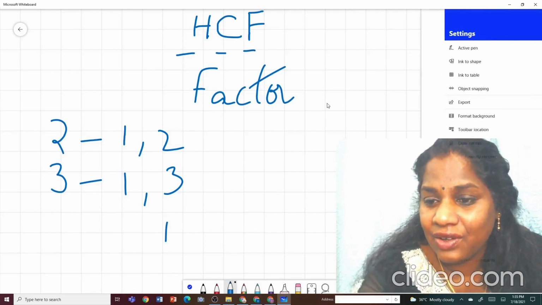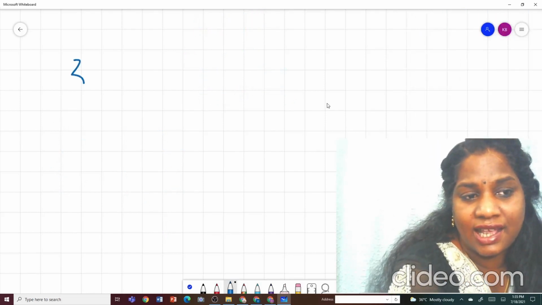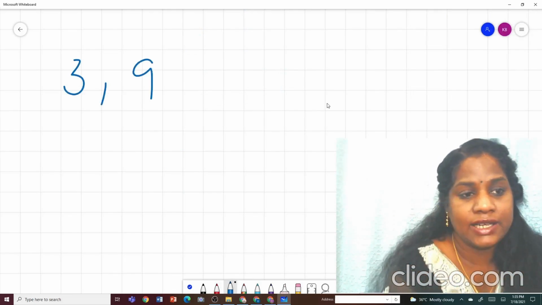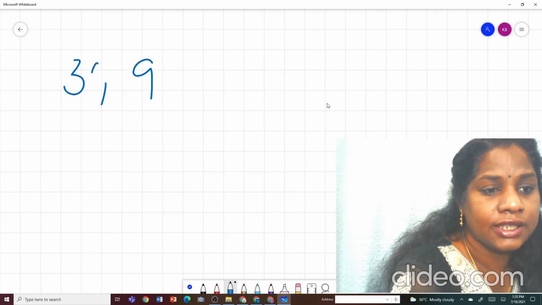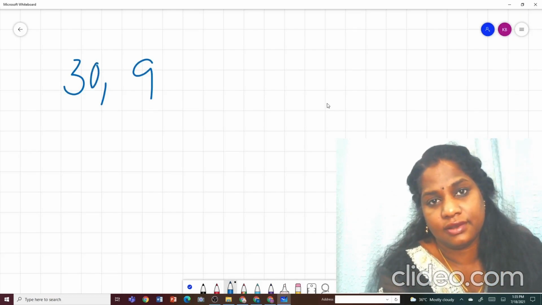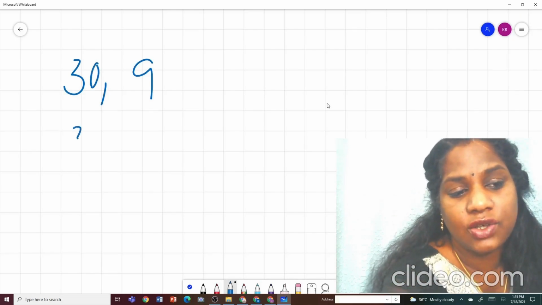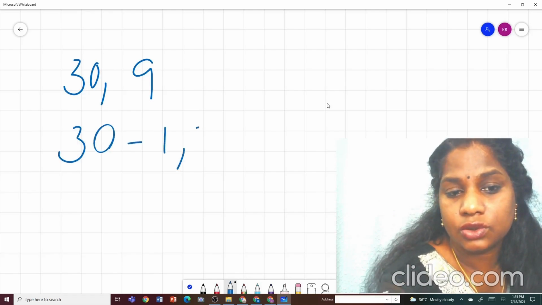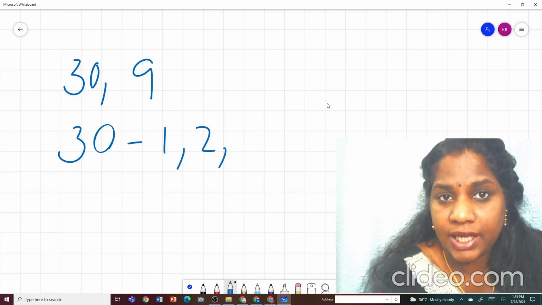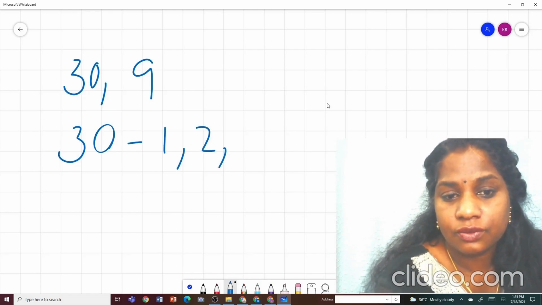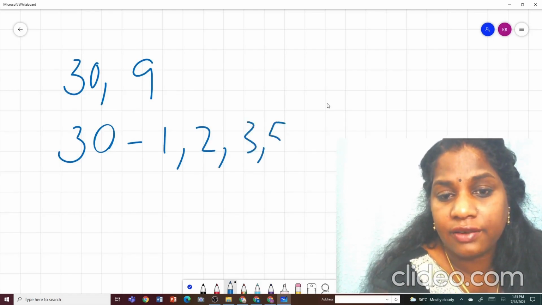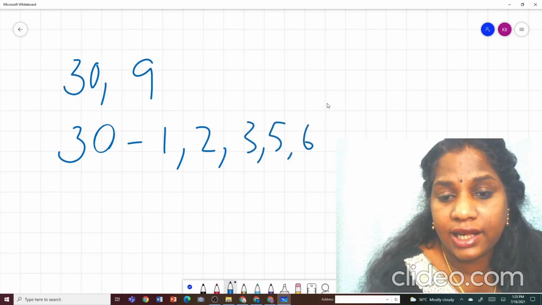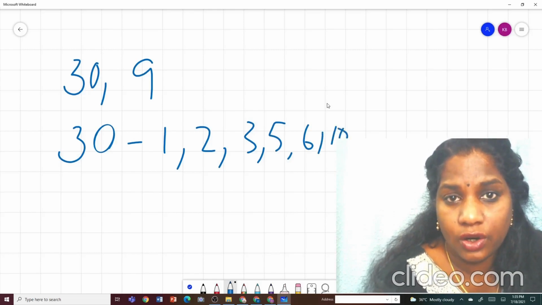Now if I have to find the HCF of 30 and 9. What are the factors of 30? 1, 2, yes, then 3, 5, 6. See, so many factors are there. Like that it will go on, 10 and it will go on.